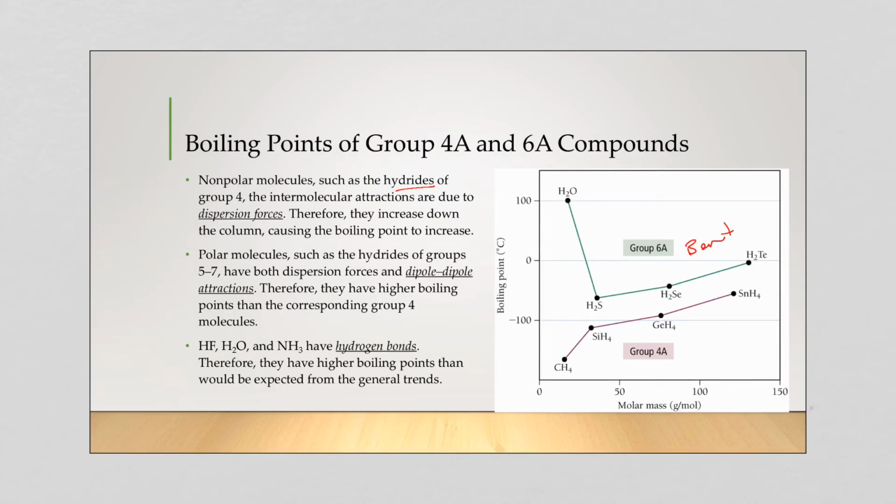And notice, if we look at three of these, we see a similar profile. If we look at molecules that are in the same period, so they have similar mass, we can see a normal increase in boiling point as you would going from nonpolar to polar, dispersion forces to dipole-dipole interactions.